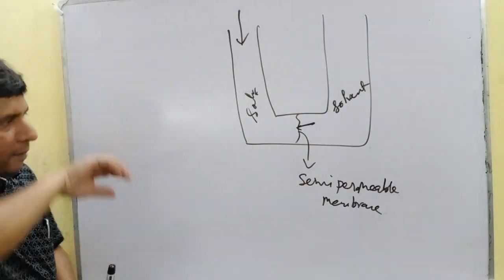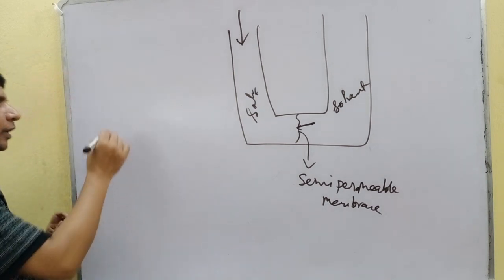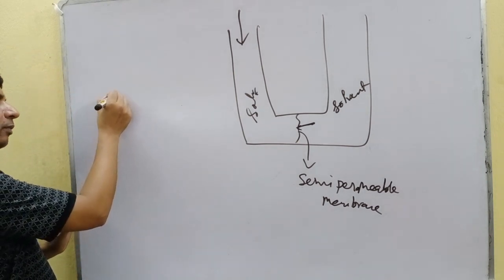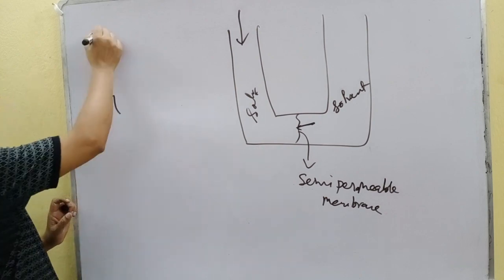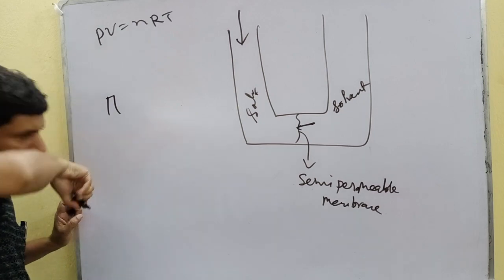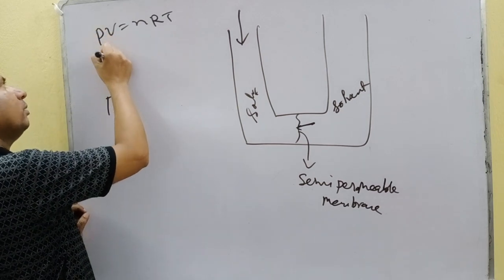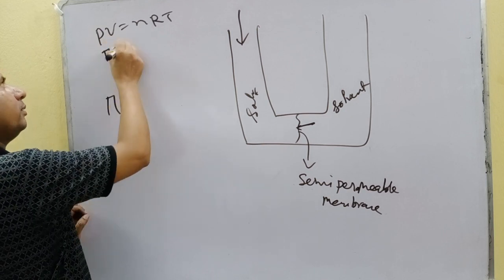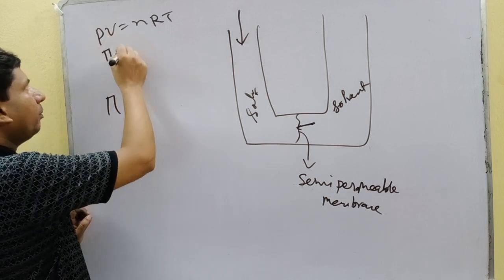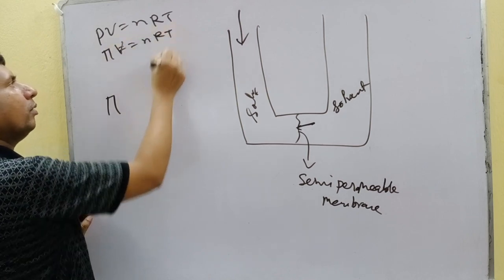Okay. Now, according to Van 't Hoff, osmotic pressure is denoted by pi. We know PV equal to nRT for an ideal solution or ideal gas. If P is just pi, then pi V equals nRT.